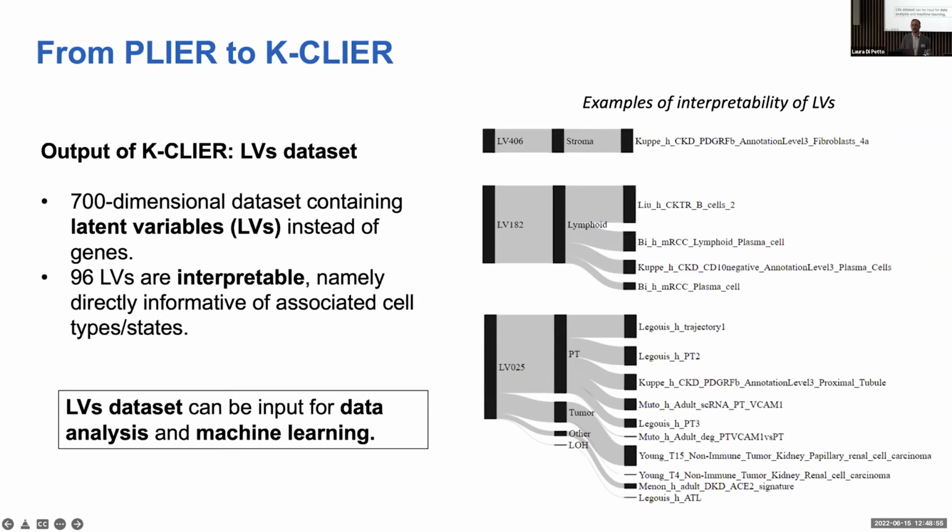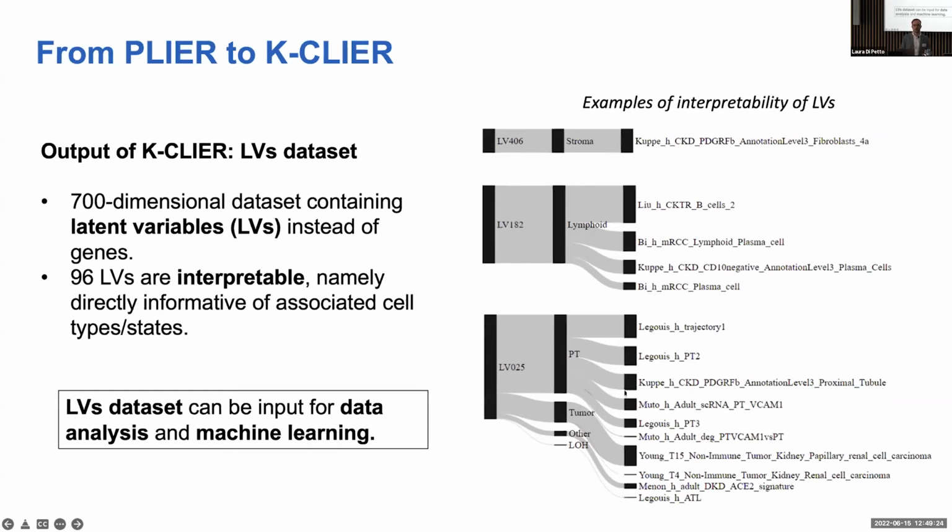For example, our LV406, of course, LVs go from 1 to 700, is associated to a signature of cell type stroma. Another one, a little bit more complicated, is associated to 4 different signatures, all belonging to lymphoid cells. Once again, the height of these bars is proportional to the association between the latent variable and the given signature.